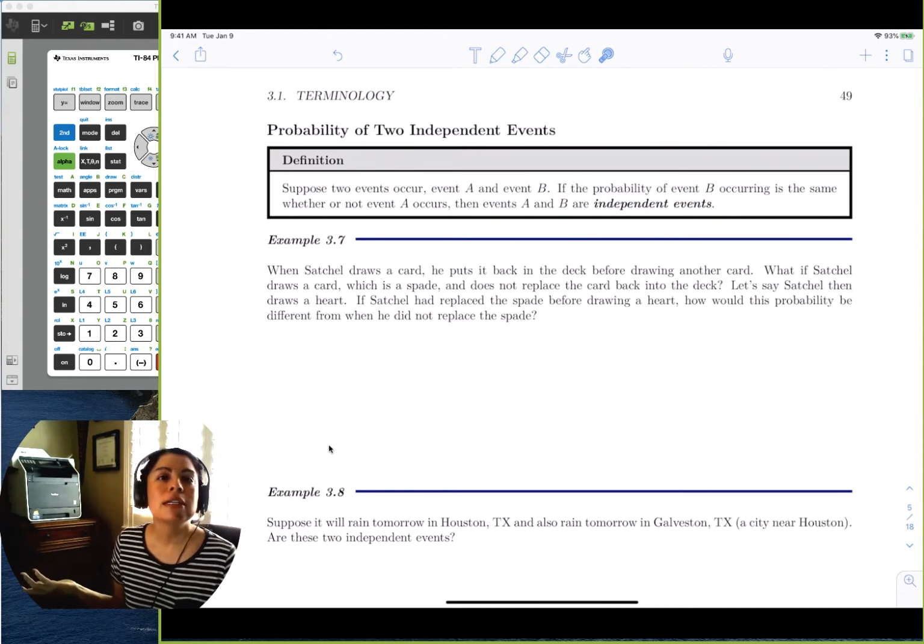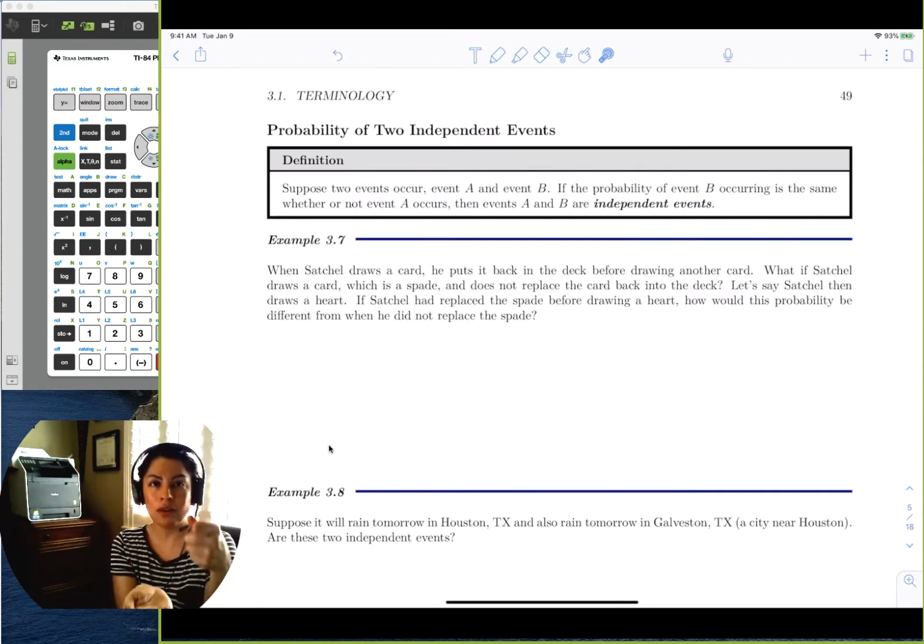However, what about a deck of cards, and you're playing, let's say, poker or something, and you're dealing cards? If I have a deck of 52 and I draw a card, and I'm not going to put it back because we're playing Go Fish or something, and then I pull out another card. How many cards are left in that deck on that second draw? There's not 52 in that deck at all times. There's 51 on the second draw, and then there's 50, 49.